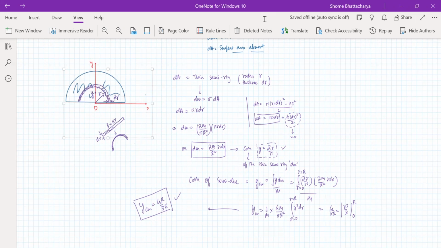Yes, sir. Okay. So let's look at some more examples of center of mass calculation, position of center of mass calculation using integration. Okay, so now next we will look at an example. Just a moment, I'll share the screen.